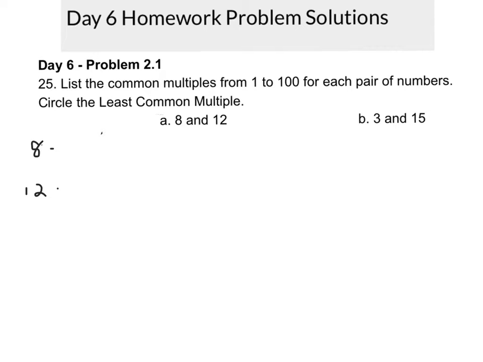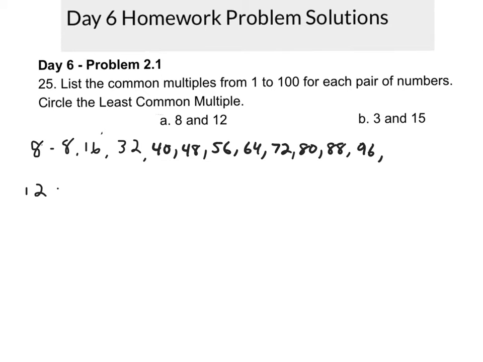So 8 times 1 is 8, 16, 32, so we have 40, 48, 56. 8 times 8 is 64, 72, 80, 88, because that's times 11, and 12 is 96, and 13 looks like 104. All right, so those are all of the multiples out to 100. We want a little over 100.